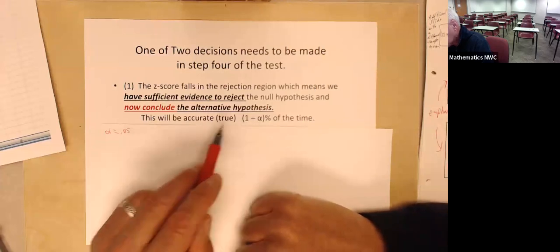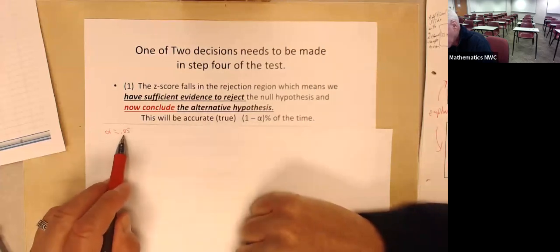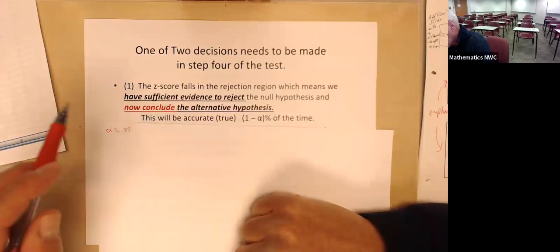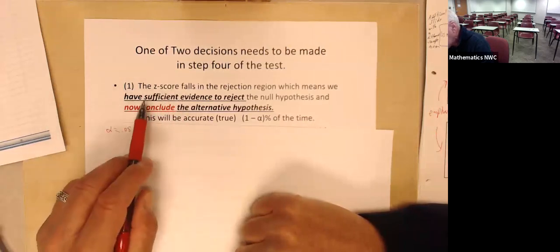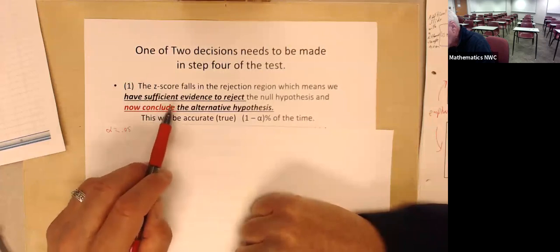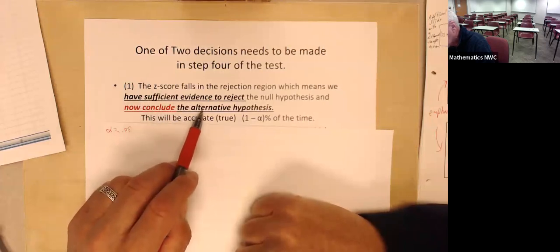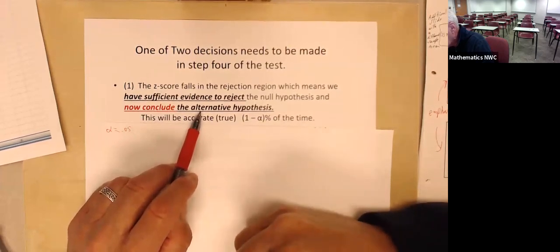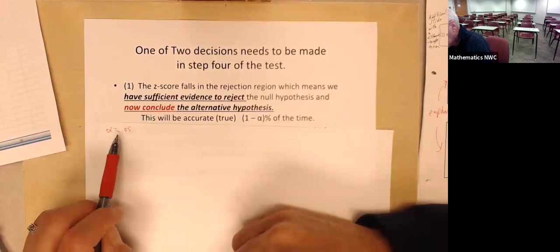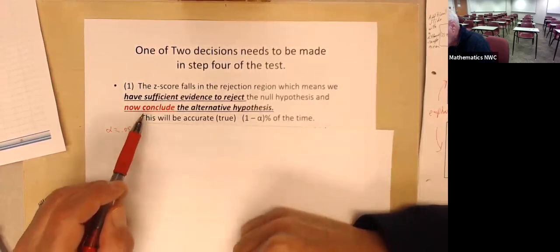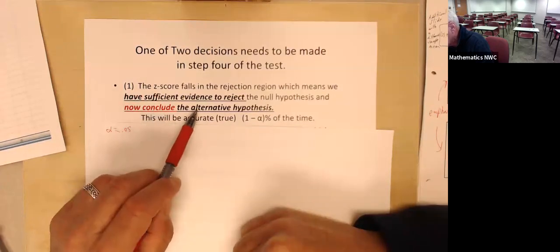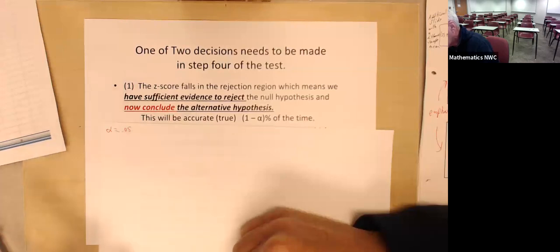So 1 minus alpha would be the complement, or 95. In other words, in that problem, when I crossed over that line, I was 95% sure that the alternative hypothesis is true. That's what we mean by providing mathematical evidence. I would have been 95%, 1 minus alpha, sure that I could conclude the alternative to be true. And I would be right 95% of the time. Okay?